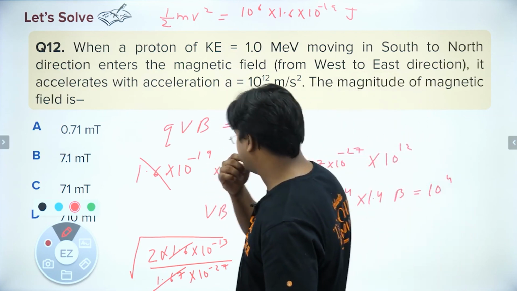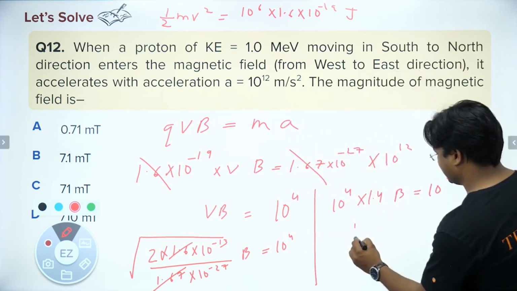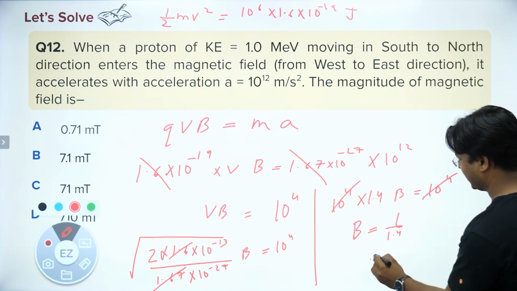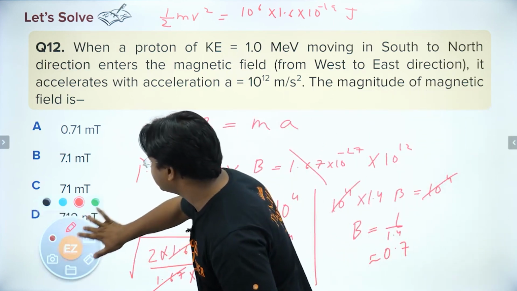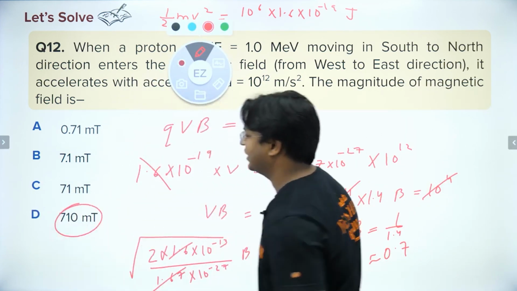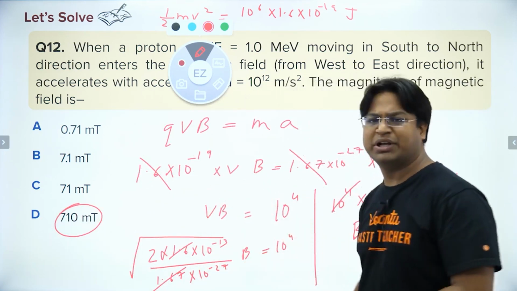Okay. So I think, yeah, everything is okay. This will get cancelled. 1 by 1.4, that will be close to 0.7, I guess. So all the options are in millitesla. So this one seems to be the correct one, I guess. Alright, I'm not very sure, but I think this should be the correct answer.